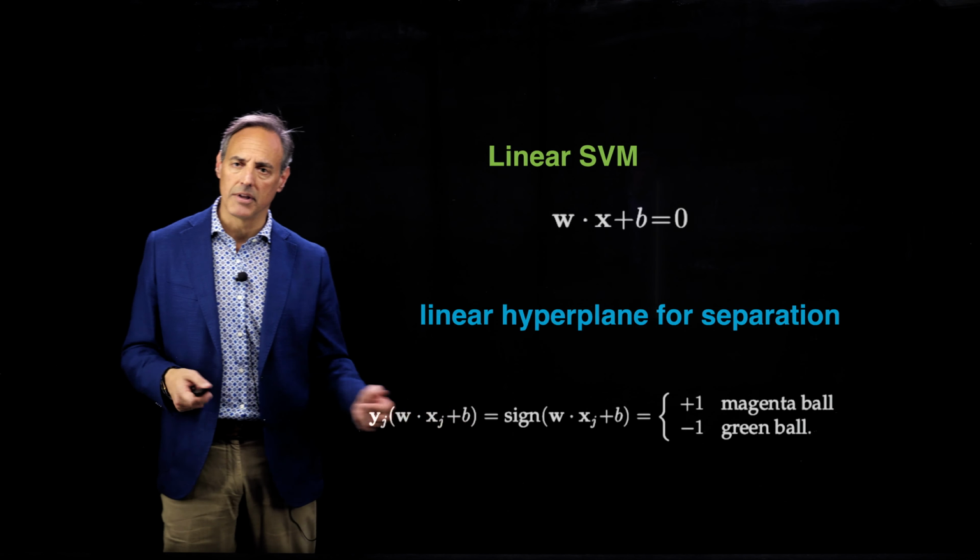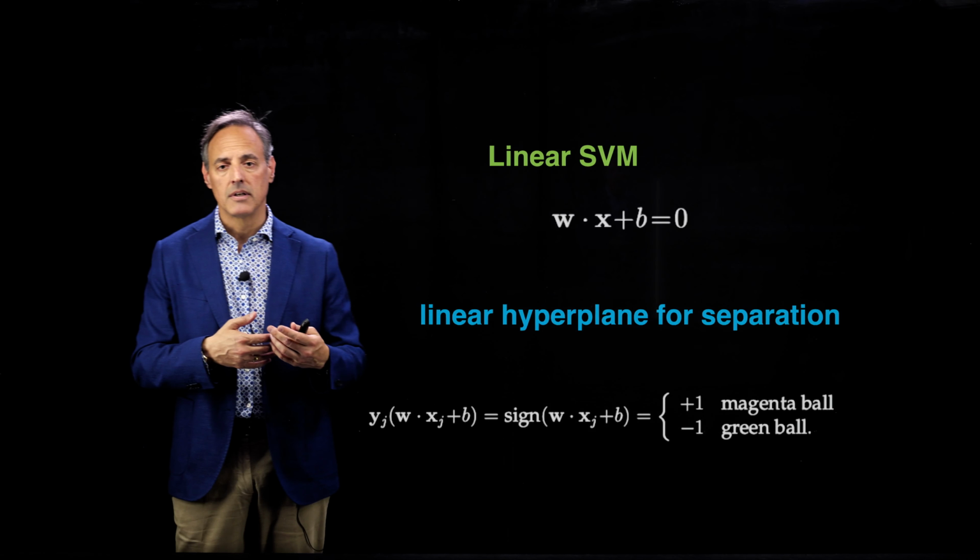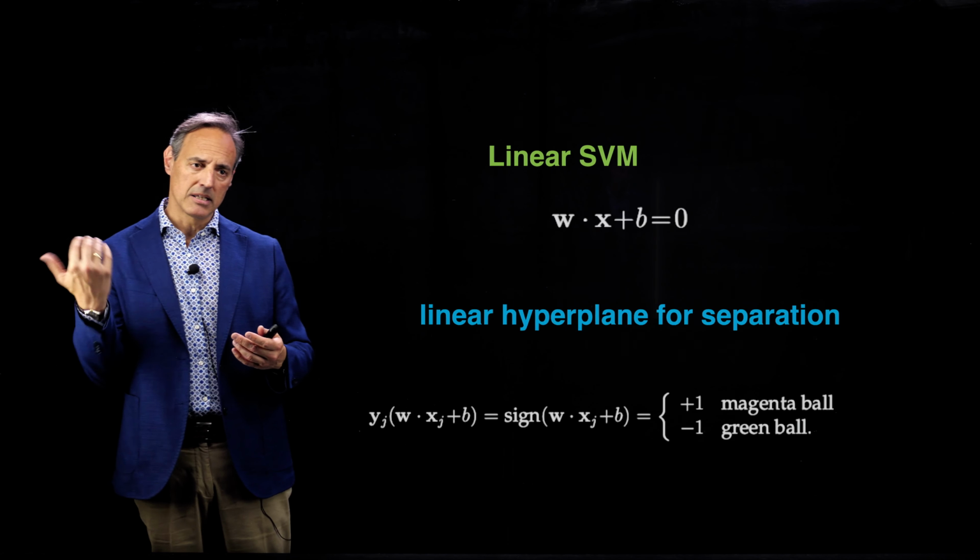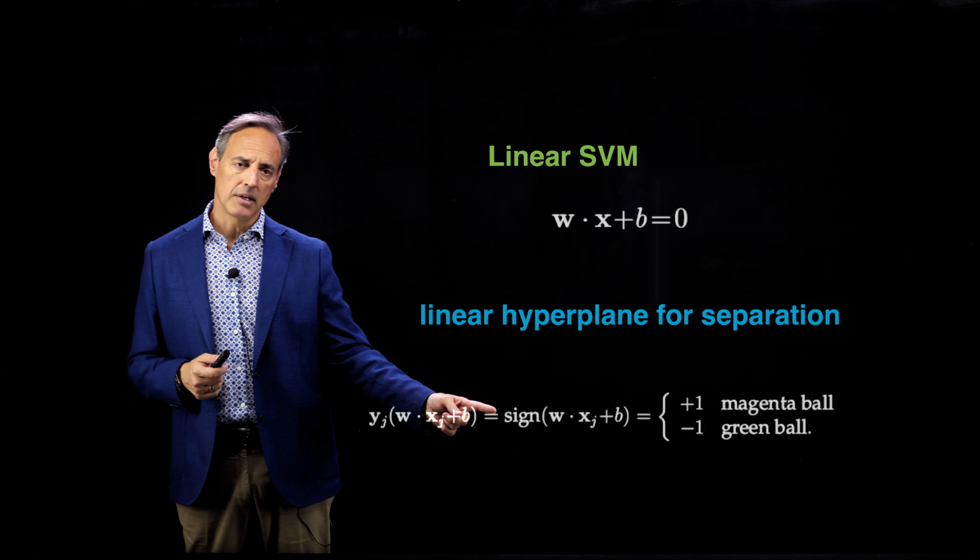If it's positive, I'm going to label that as a green ball. If it's negative, I'm going to label it as a magenta ball. So I'm really interested in the sign of this. I don't really care what the value is. I just want to know if it's +1 or -1.